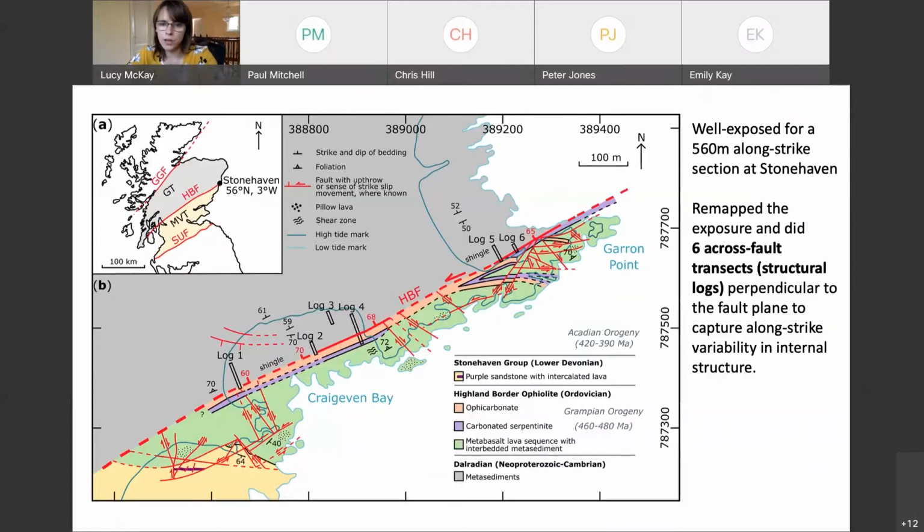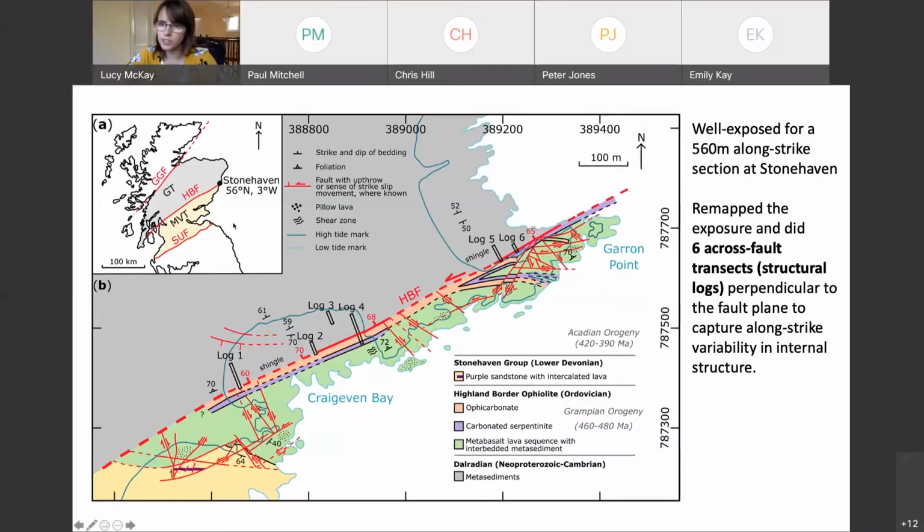So first of all, I remapped the area and did 6 across-fault transects known as structural logs to try and capture the variability at the different locations. So this is my map, and on the map you can see these rectangles with log 1, log 2 labels, etc. And those are the structural logs and the location of them.